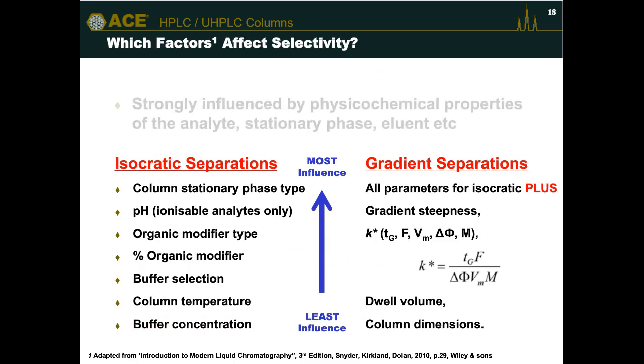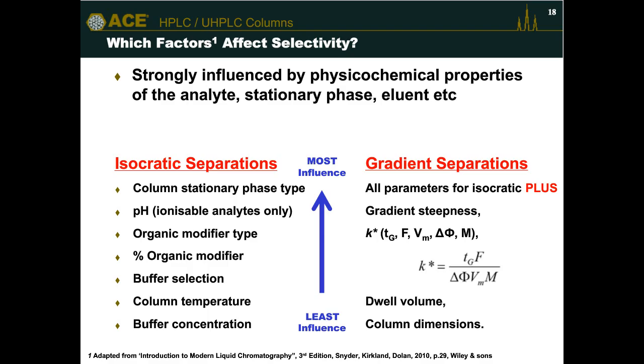So from a practical standpoint, we can change a number of factors that affect alpha, that affect selectivity. And we've listed these nicely at the bottom of the slide. So for isocratic methods, the column type is the strongest influence. So do I choose a C18 or do I choose a phenyl? If you've got ionizable analytes, which to be honest most of us have, then pH has a big impact. That's the buffer of the mobile phase that you choose.